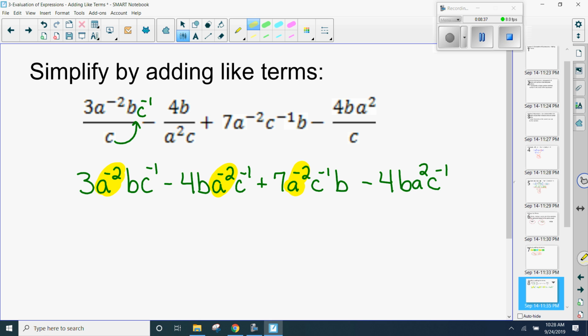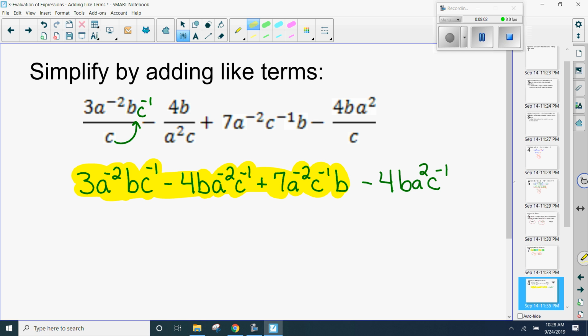So right now, there's a possibility I would have the first three terms as like terms. We have b to the first, b to the first, b to the first. So it appears so far that those could be like terms. c to the negative first, c to the negative first, and c to the negative first. So the first three terms are like terms.